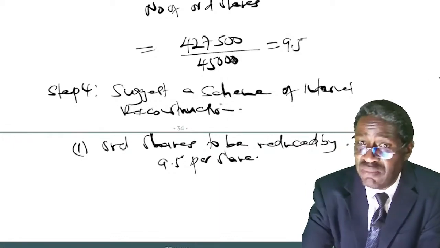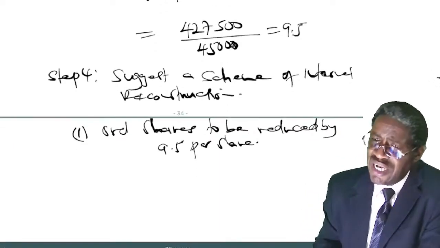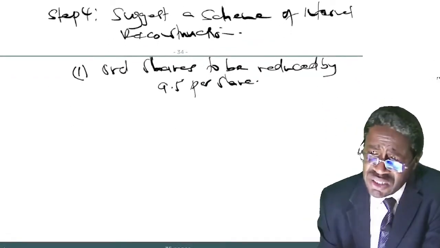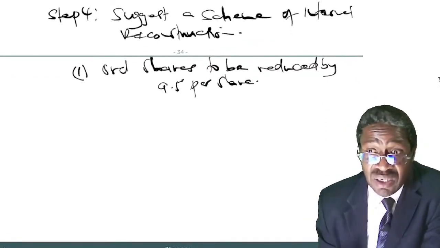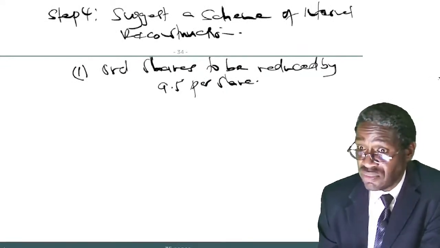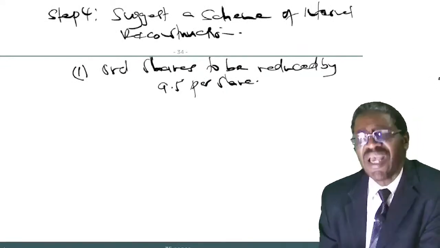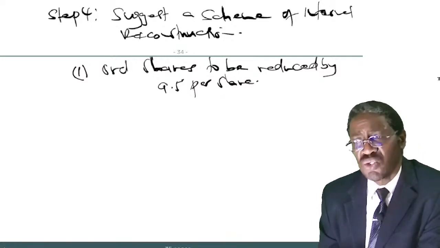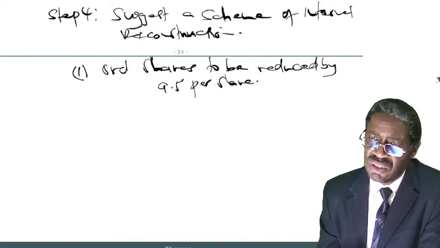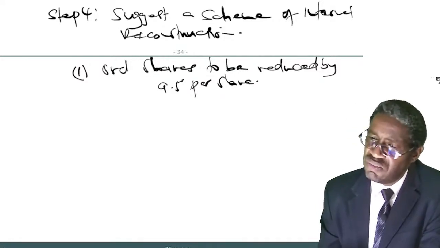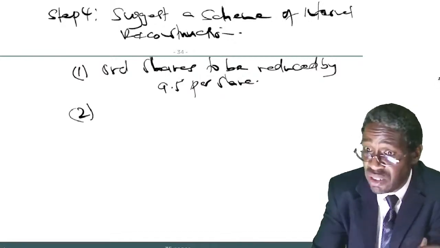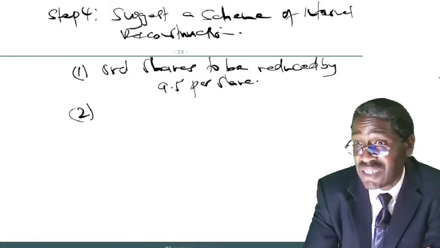Good. That's number 1. Then I told you, for number 2, 3, 4, 5 items in the scheme, you go back to step number 1. Anything we used in the determination of the loss must be part of the scheme. What are these? Number 2, you remember we had to revalue some assets.